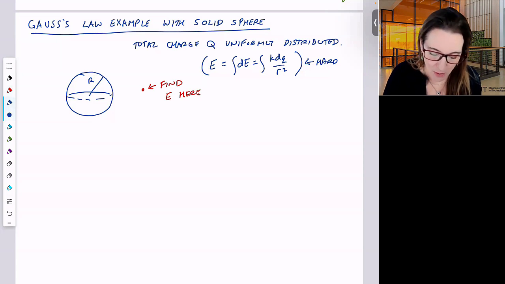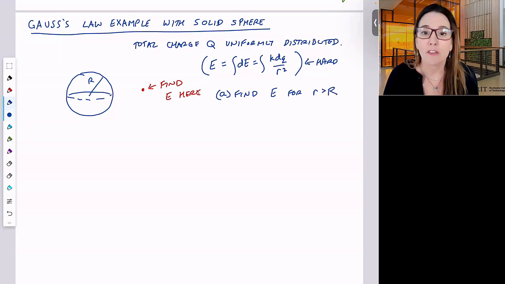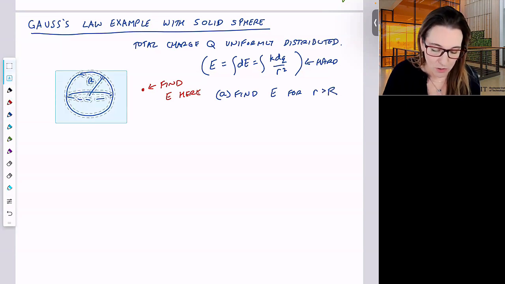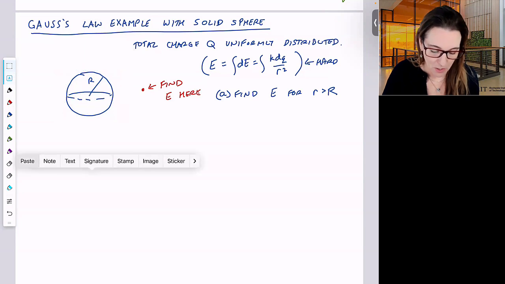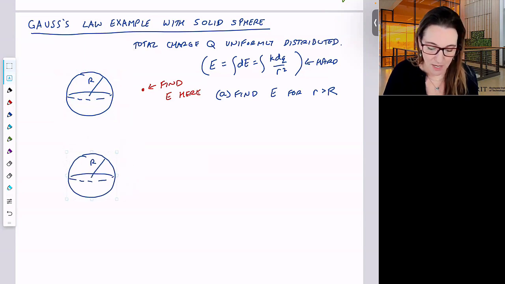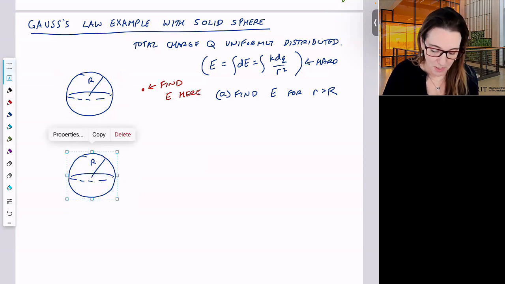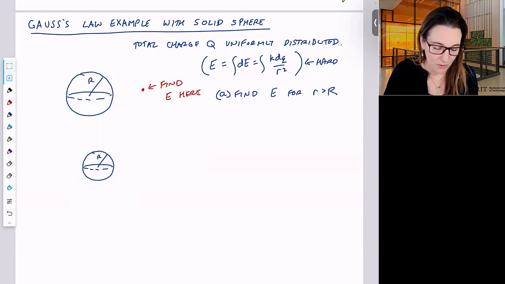So let's make the first part of this problem, and we'll phrase it as: find the electric field for some distance r greater than the radius, so outside of this object. What I'm going to do is copy this drawing and shrink it down a little, because we're going to be looking outside of it.